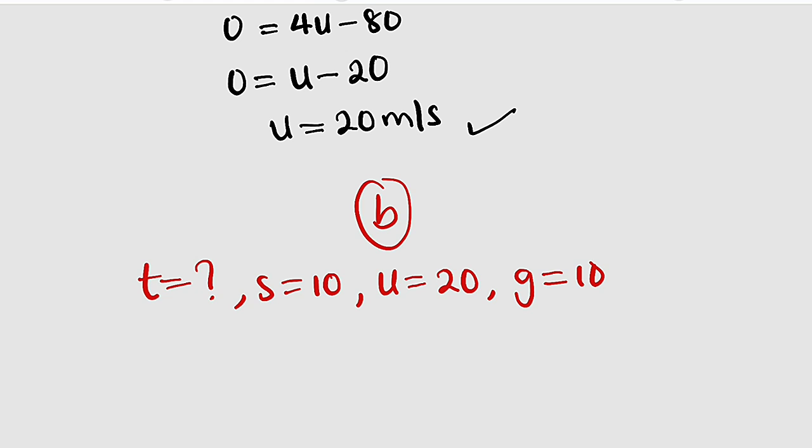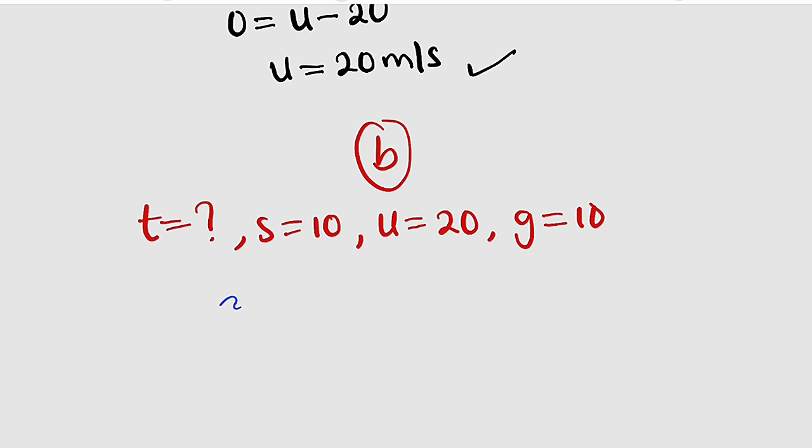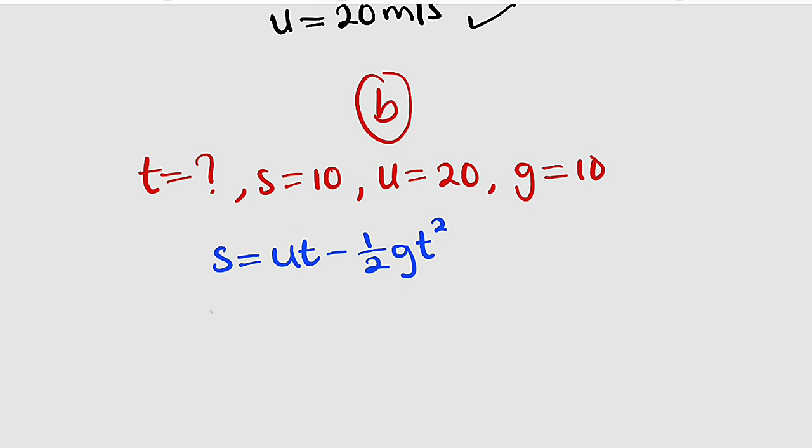We are going to utilize the same formula which stated that S is equal to ut minus half gt squared. S is 10, u is initial velocity, which is 20, times t. Remember, we are looking for the time. Minus 1 over 2, g is 10, times t squared.